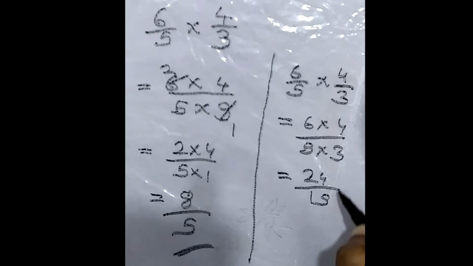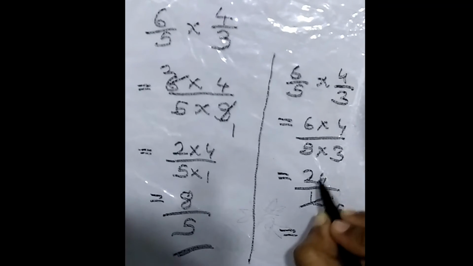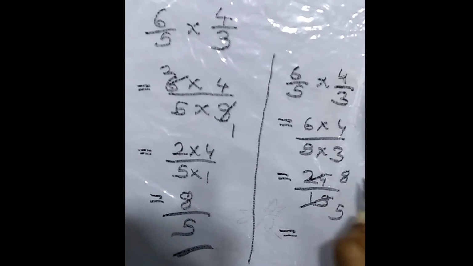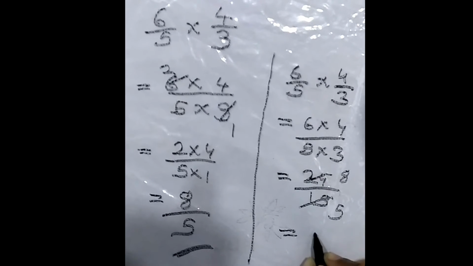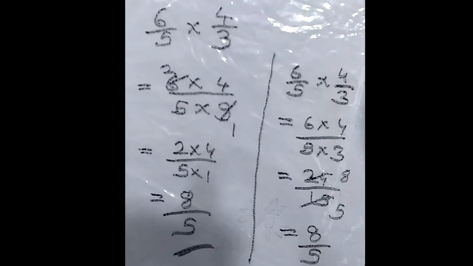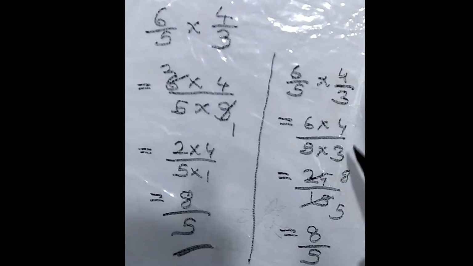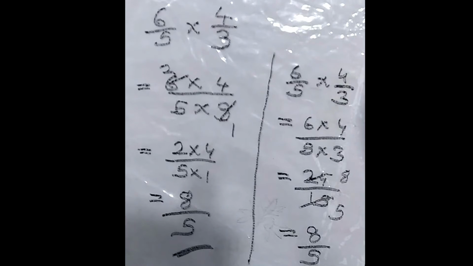Here there is a bigger number. Now we can reduce in the answer: 3 5s are 15 and 3 8s are 24. So the final answer is 8 upon 5. The answer will be the same. You can reduce it first and then solve, or solve and then reduce. Anyhow you do it, the answer will be the same.